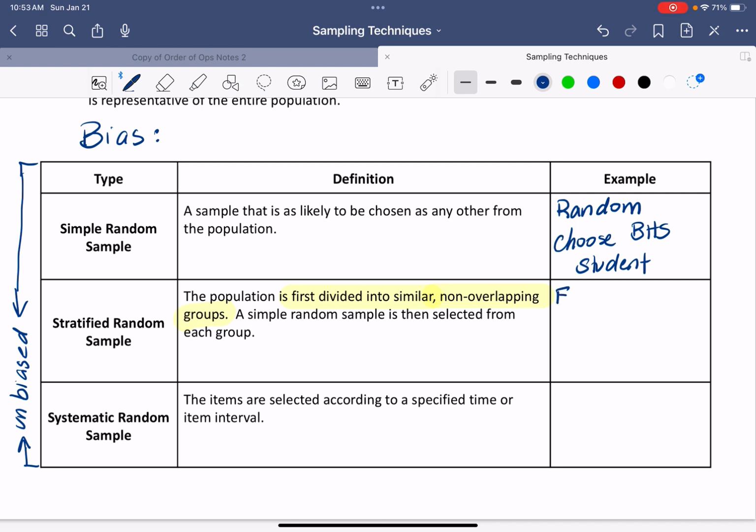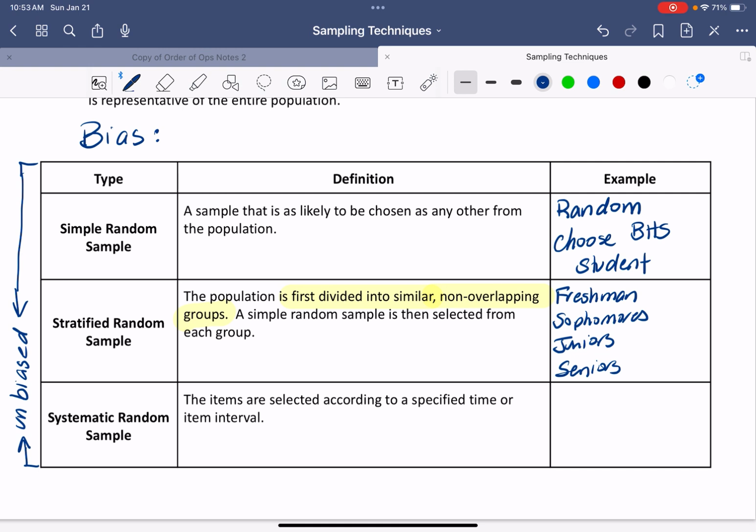We have freshmen, sophomores, juniors, and seniors. And then from there, I'm going to randomly sample 5 freshmen, randomly sample 5 sophomores, 5 juniors, and 5 seniors. And all of those samples are random within each of those groups, okay?